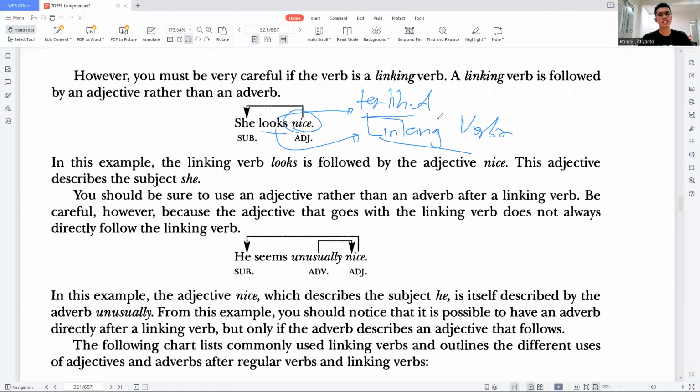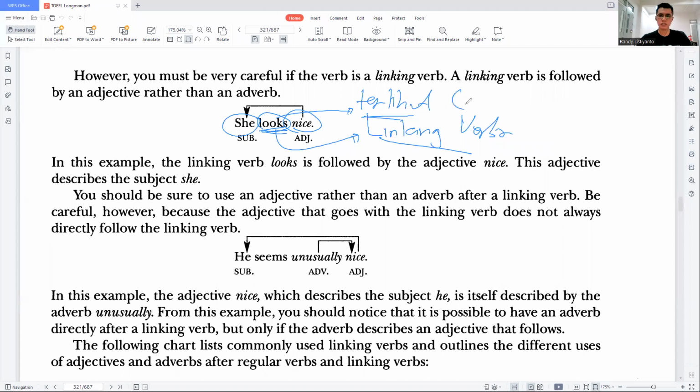Terlihat is not an activity, just a verb that describes the subject. Looks nice describes the subject, so it doesn't describe any activity at all. So this kind of verb, which doesn't describe activity, we call linking verbs.